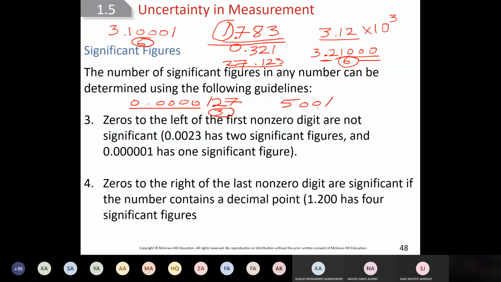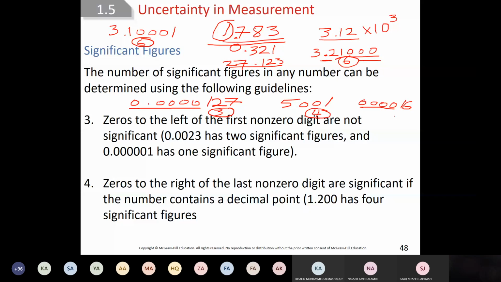for example, if I write 5001, then is this significant or not significant? They are significant also because they are in between numbers. If they are in between numbers, they are still significant. If they are to the left, then they are non-significant. So how many significant figures do we have here? 4.